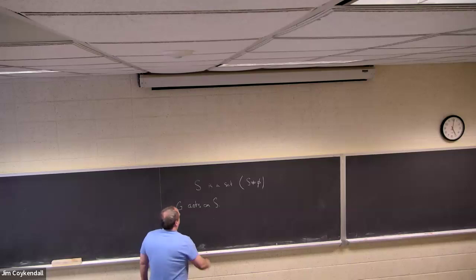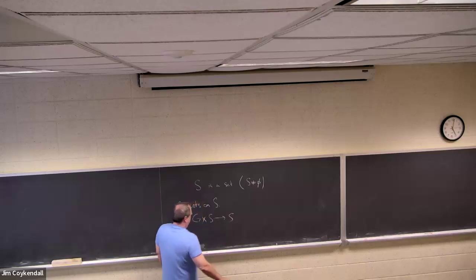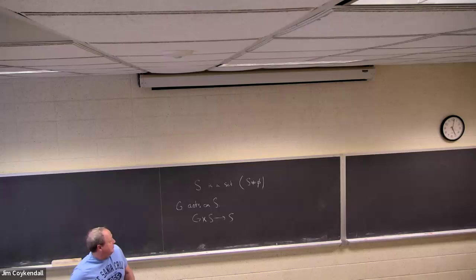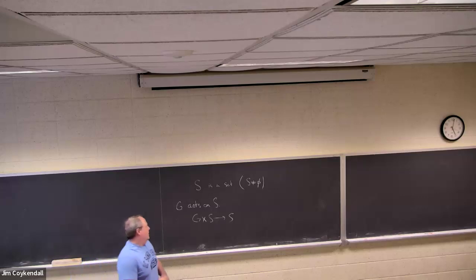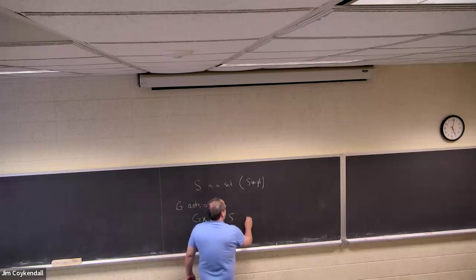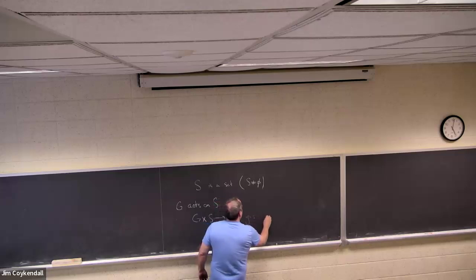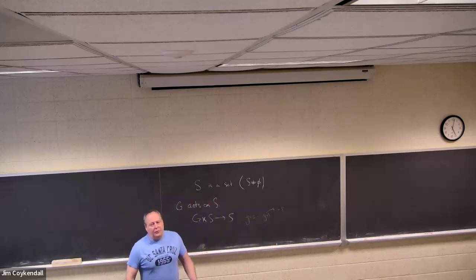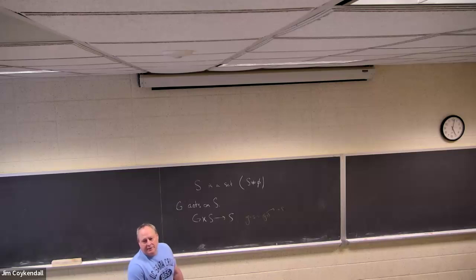So an action is just a function from G cross S to S. And this is written as little g acts on s, gs. So it's just a way of pushing things around.